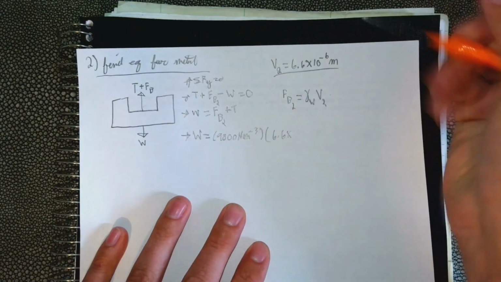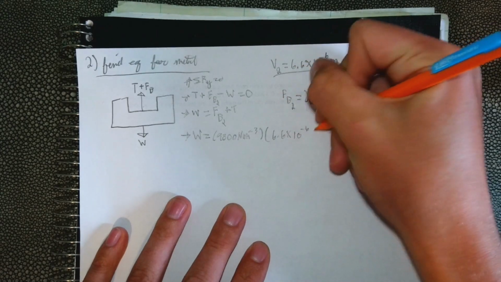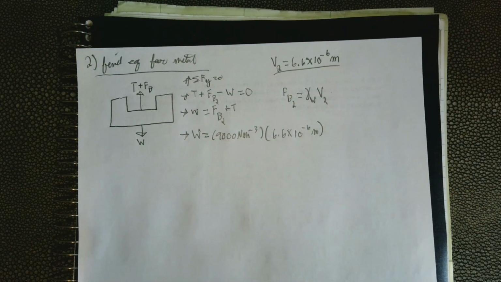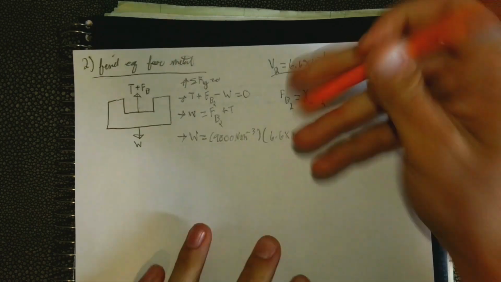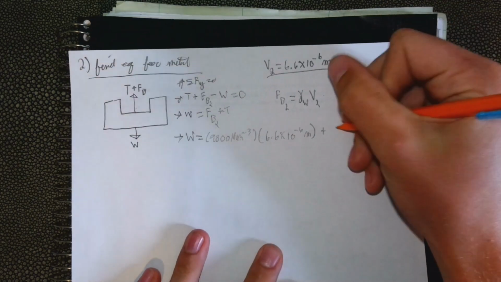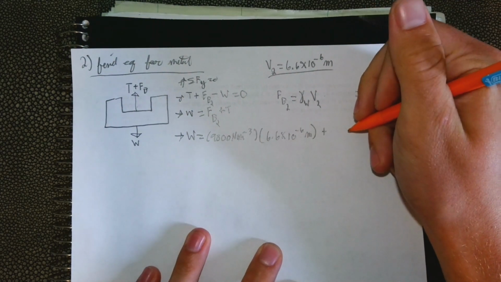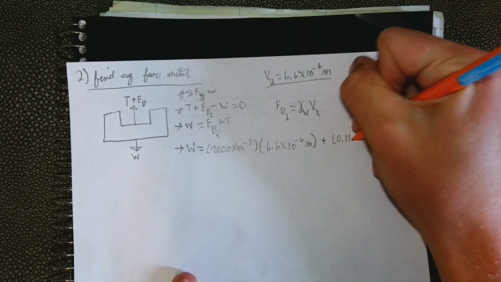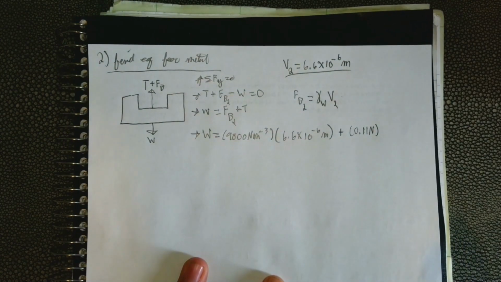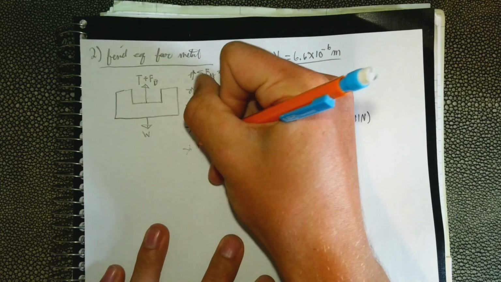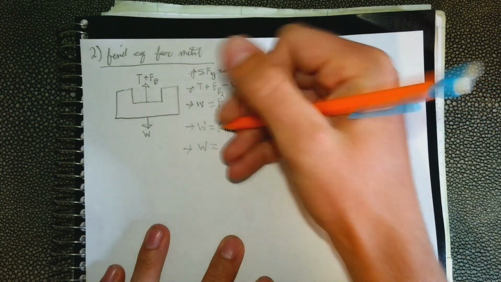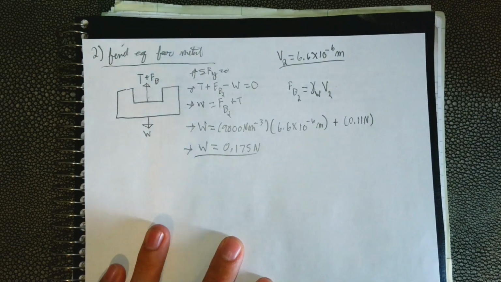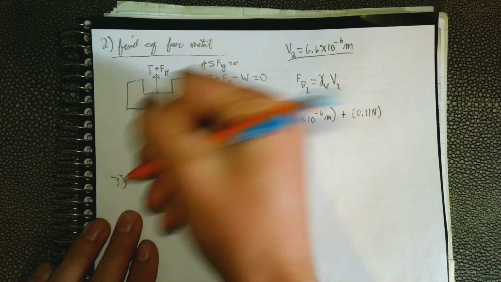We just wrote that. We did it in meters, so the units will cancel out. And then we know the tension. We already solved for it. It is 0.11 newtons. Okay, so then once we solve it, we find that weight equals 0.175 newtons.